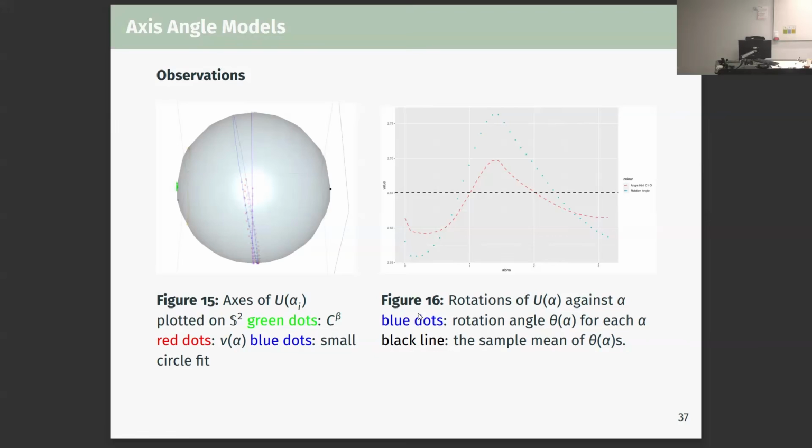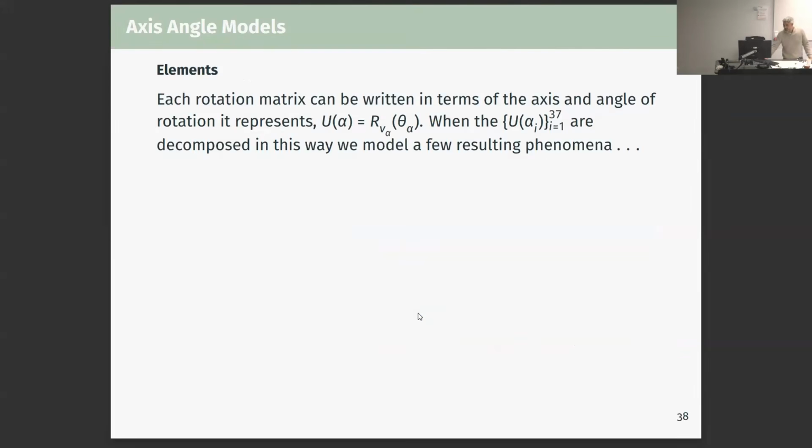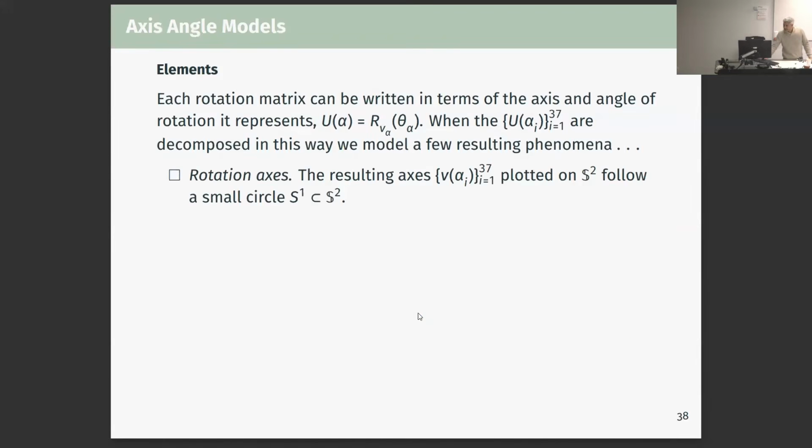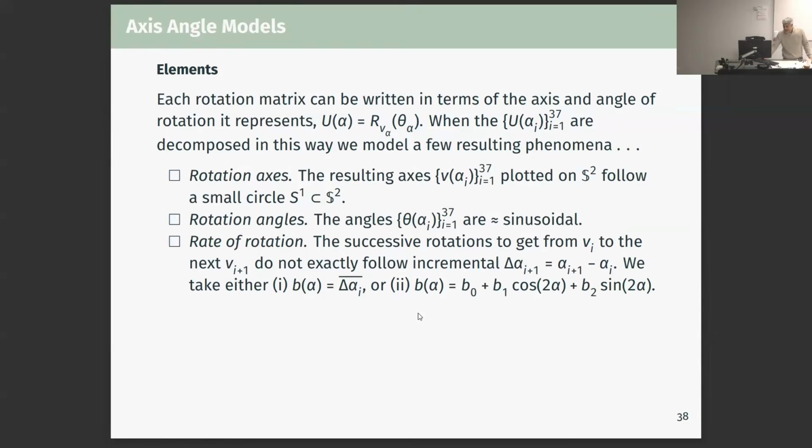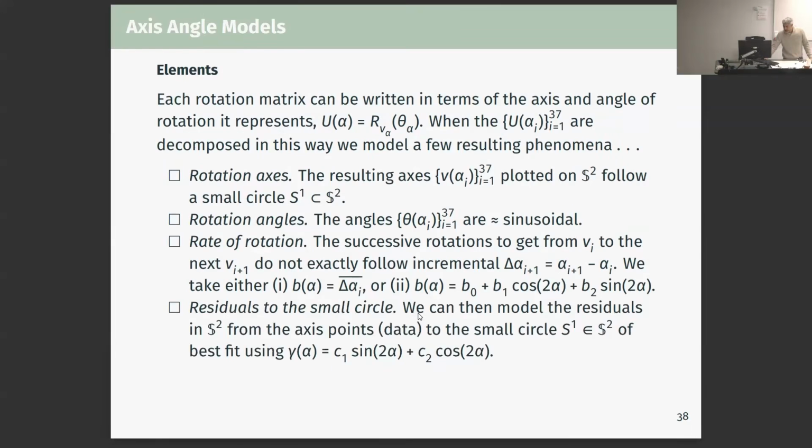It also looks at the angle that each rotation matrix has, which is not the dihedral angle, but is sinusoidal, and pulls out these features and models them. I'll just zip through a bit; it adds in some extra parameters.